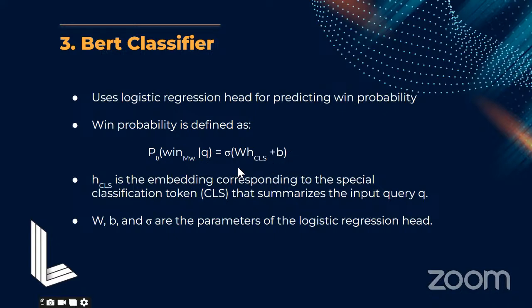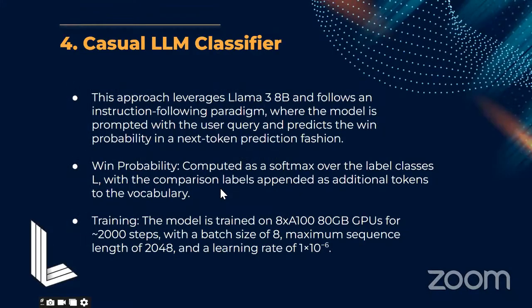Here we use a BERT-based architecture to embed the user query and predict the win probability using a logistic regression head. Here is how the win probability is defined. The equation is given. The h_CLS is the embedding corresponding to the special classification token that summarizes the input query. The others are just the parameters for the logistic regression head in the BERT model.